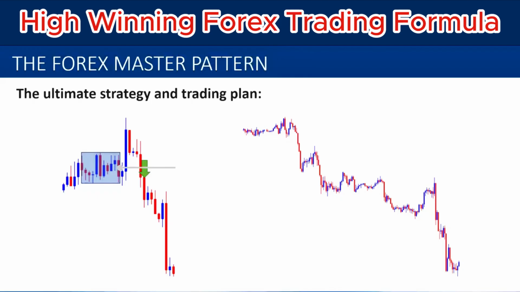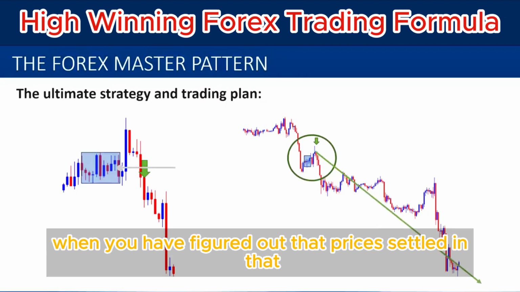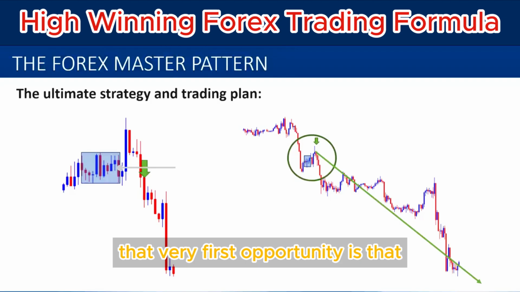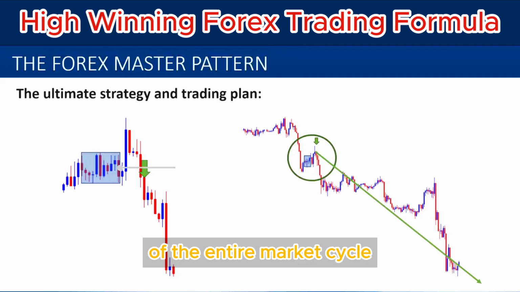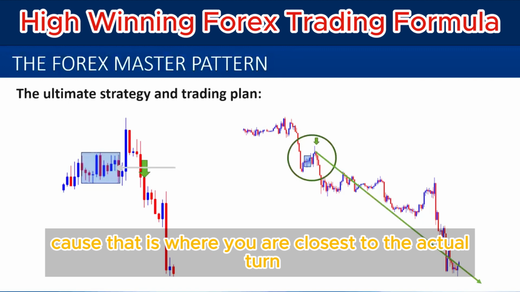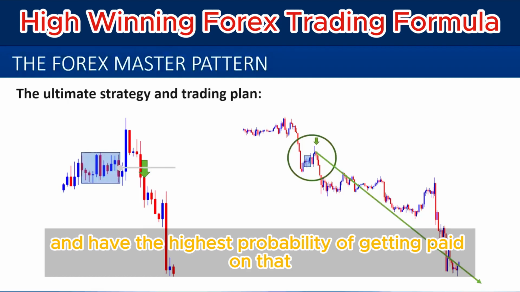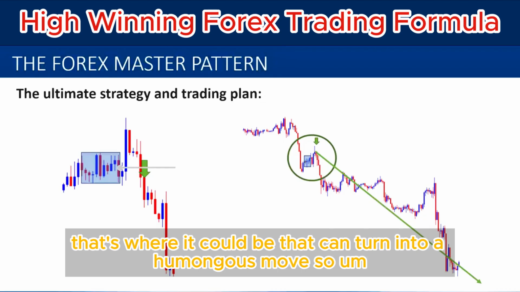So what I want to leave you with is that the very first opportunity you get, when you have figured out that price is settled in that overall direction with your directional bias, is the most important opportunity of the entire market cycle, because that is where you are closest to the actual turn, to the actual move starting, and have the highest probability of getting paid. And if it does take off, that can turn into a humongous move.